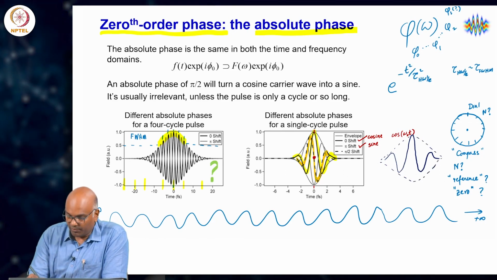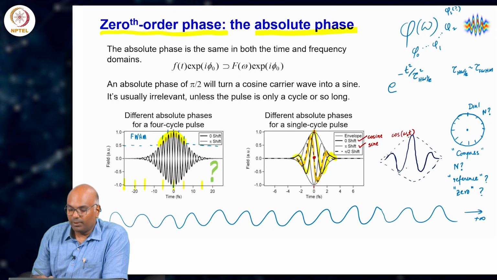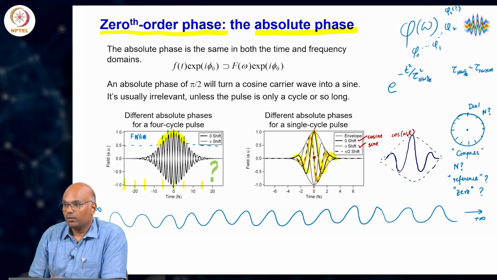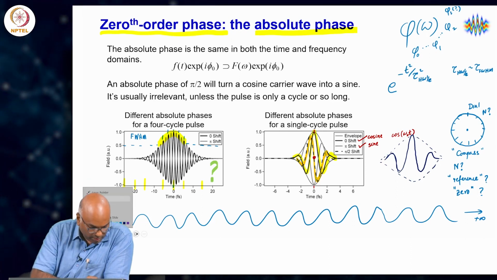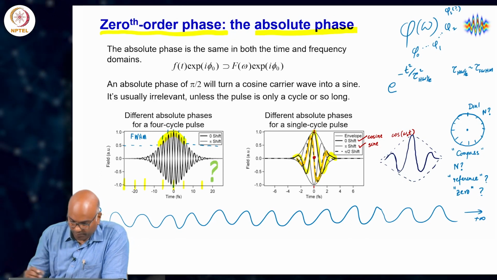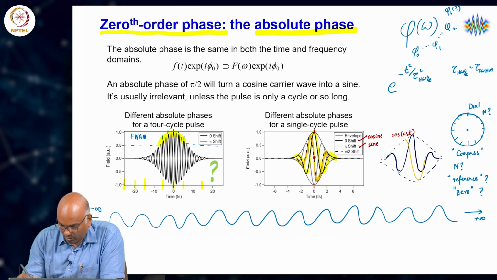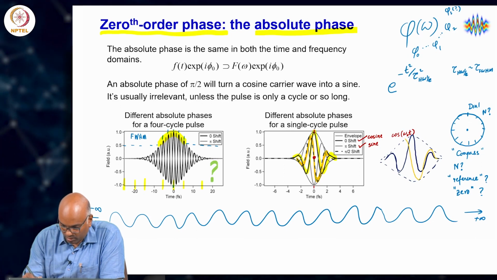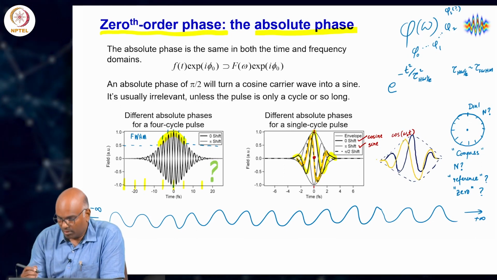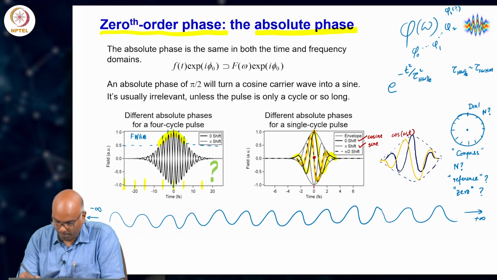So this is the form of the electric field underneath the envelope. The other one is essentially this shape.